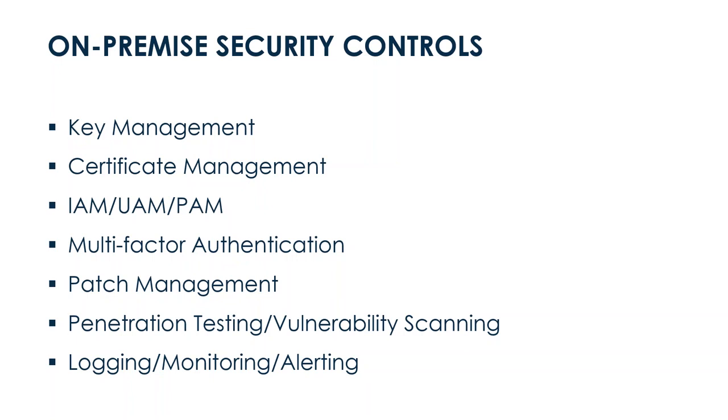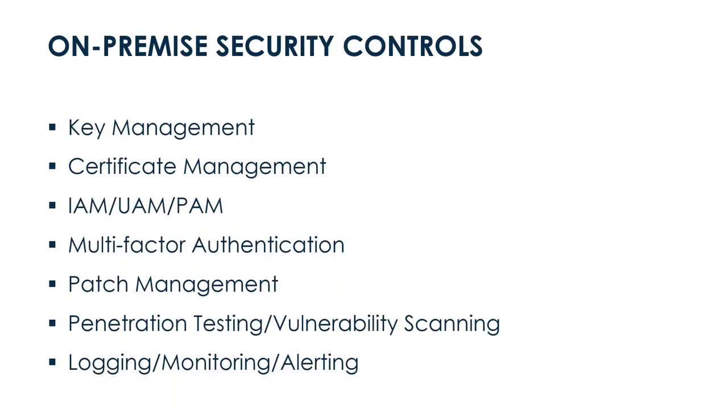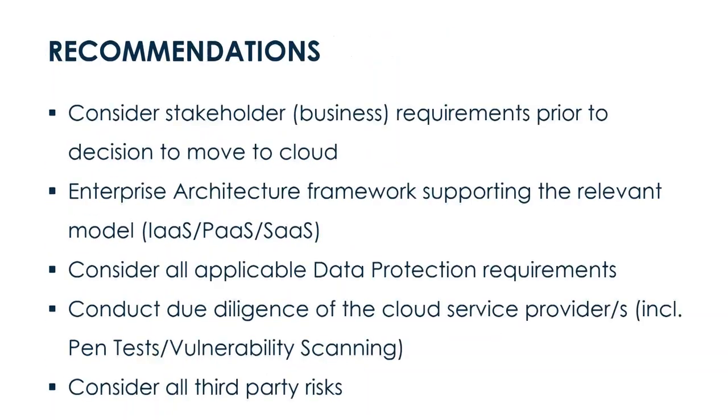What do they call these controls? They may have a different name for these, but make sure that you speak to your cloud service provider about specific controls within their environments. So that's from the security controls that you need to be focusing on.